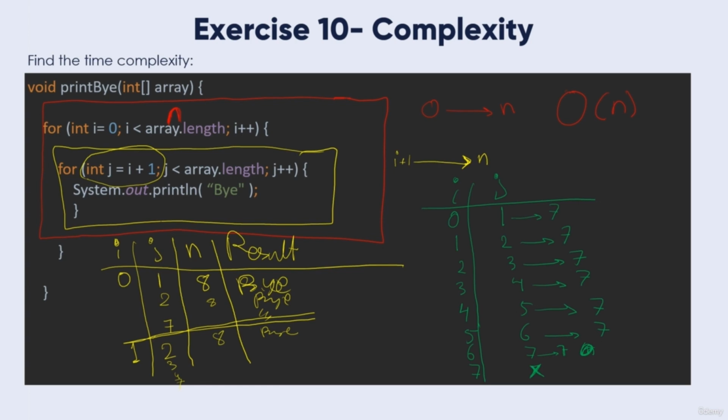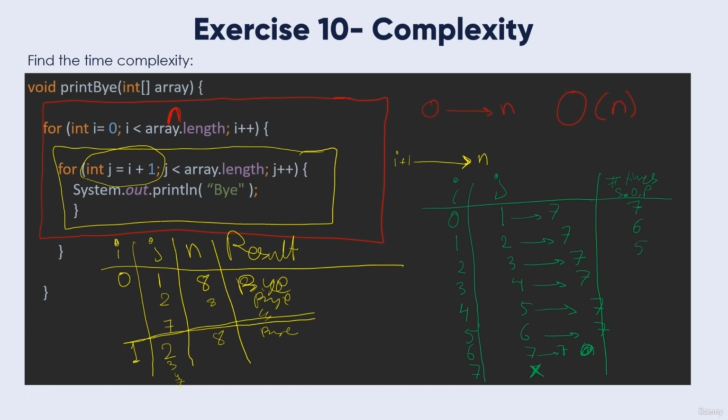So here we have how many times this has been executing, the number of times we print, we execute the System.out.print. Here we have 7 times. Here we have 6.